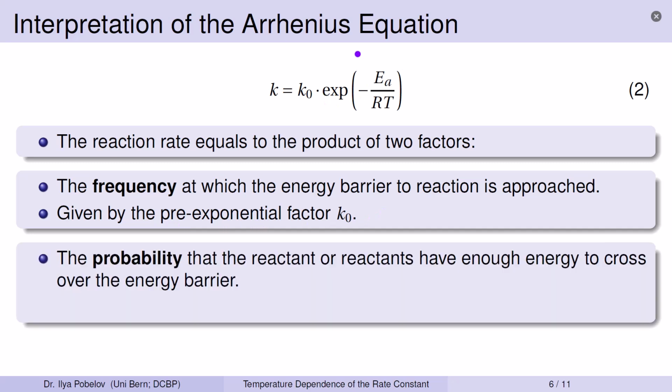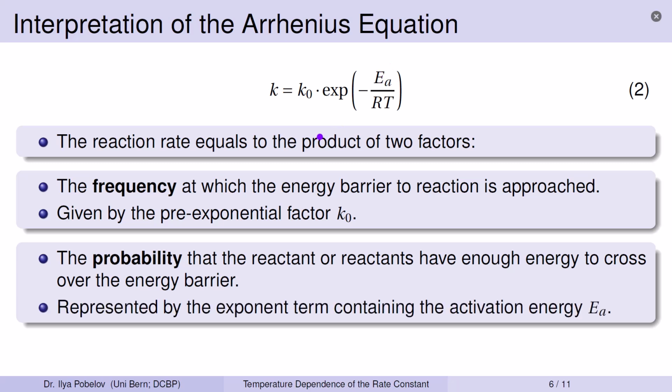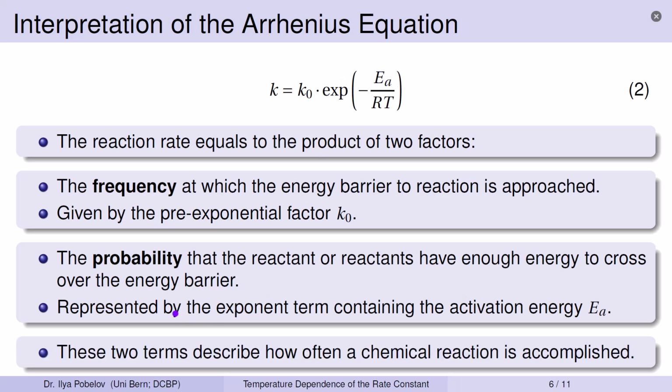The second is the probability that the reactant or reactants have enough energy to cross over the energy barrier. It is represented by the exponent term containing the activation energy. Together, these two terms describe how often a chemical reaction is accomplished.